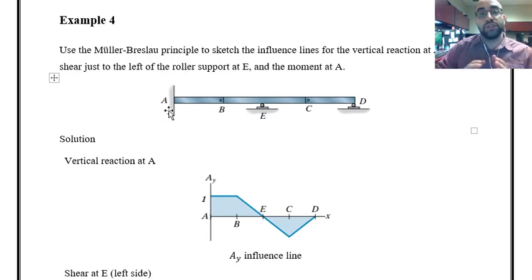I have to just remove the shear restriction so I can apply a unit displacement. But since it is fixed, we have to maintain the moment restriction, which means we cannot have any rotation.